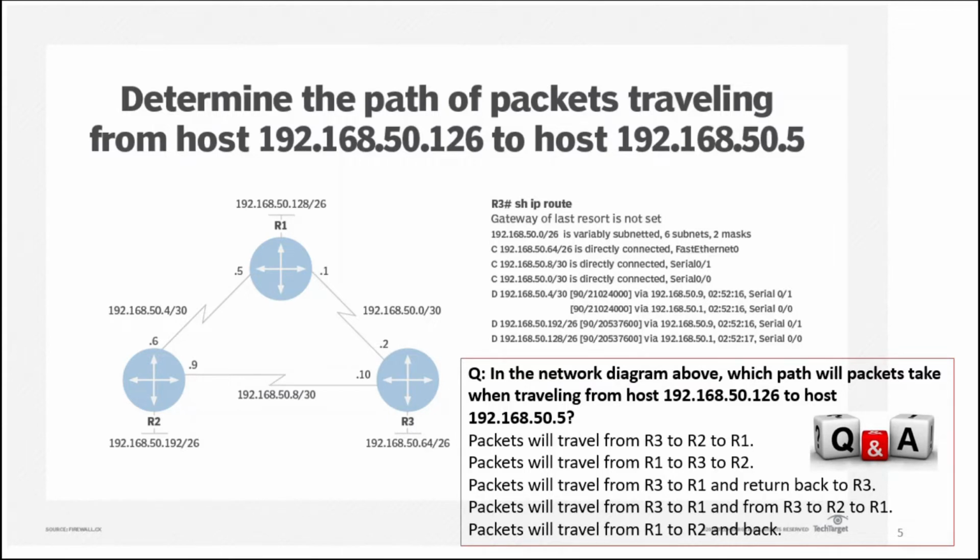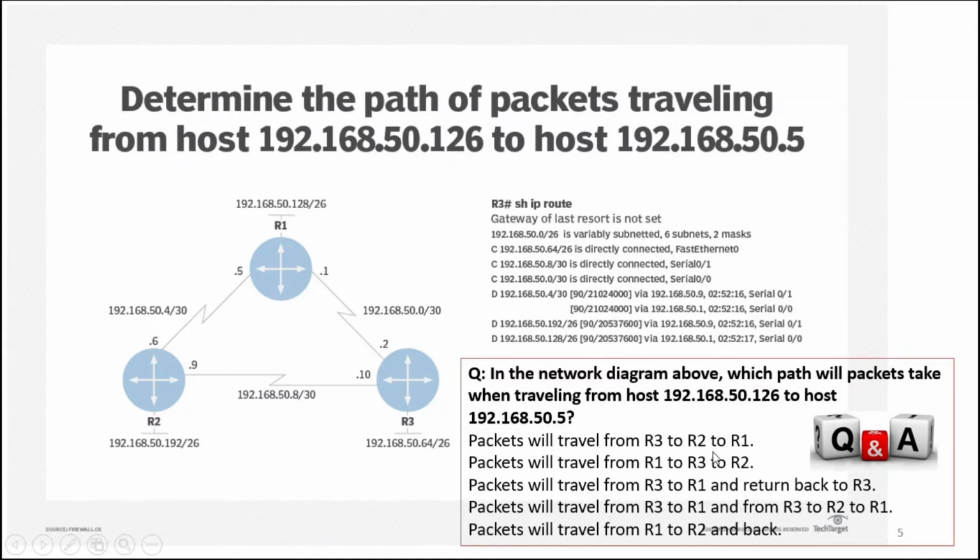The destination is 55. Then the question itself: in the network diagram above, which path will packets take when traveling from this host to this host? The choices: packets will travel from router 3 to R2 to R1.